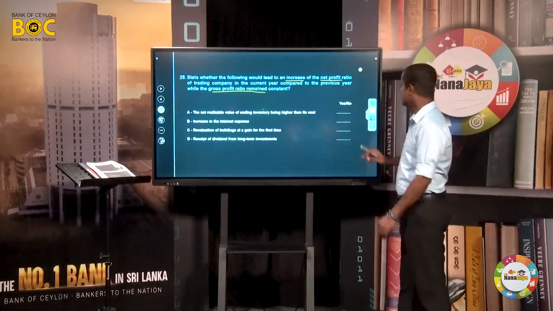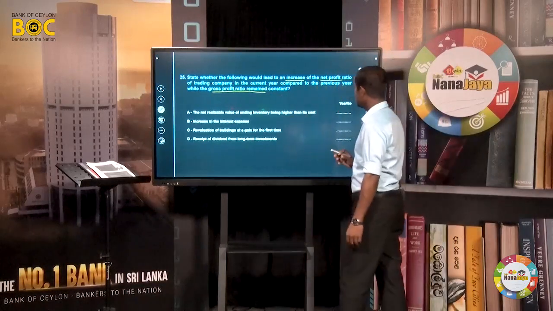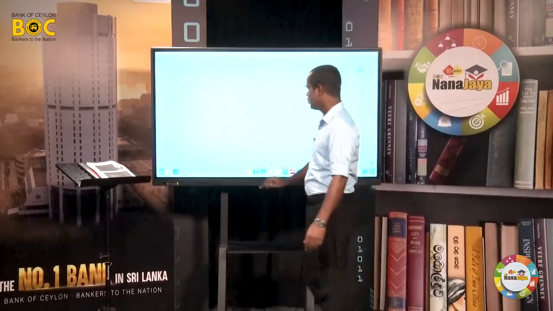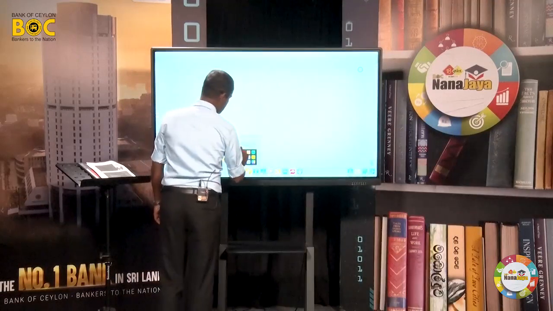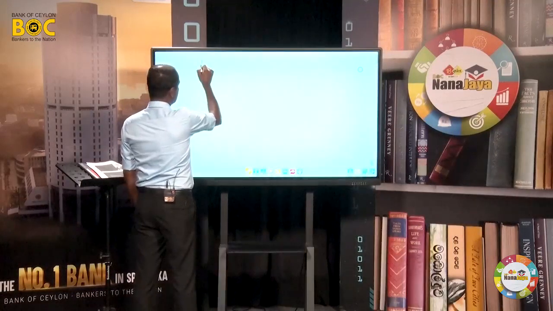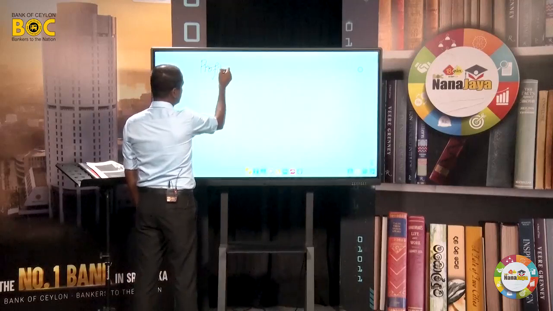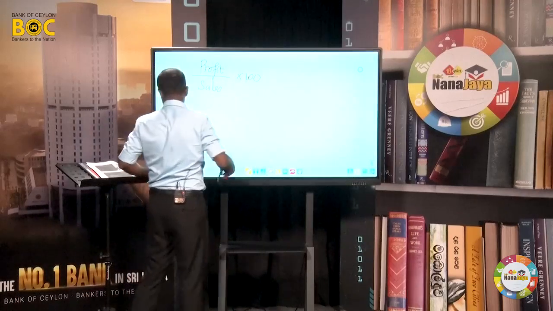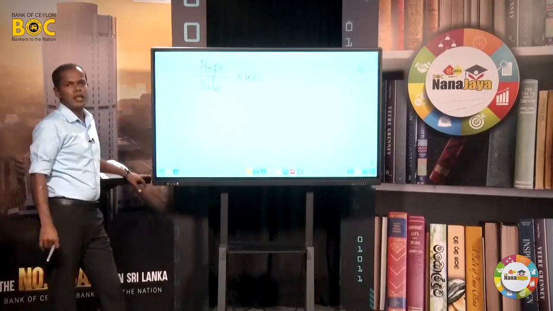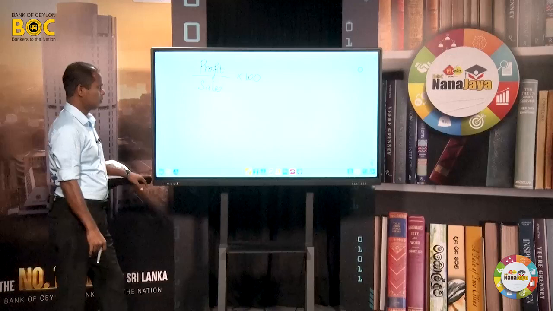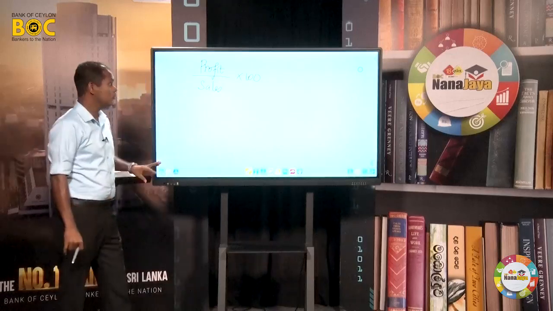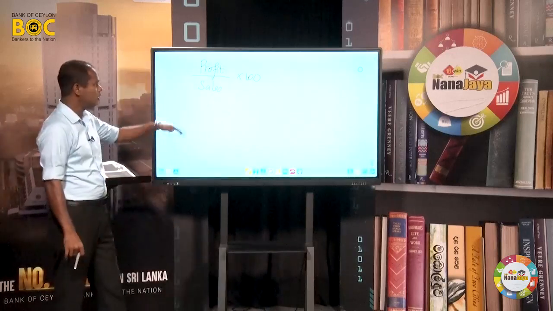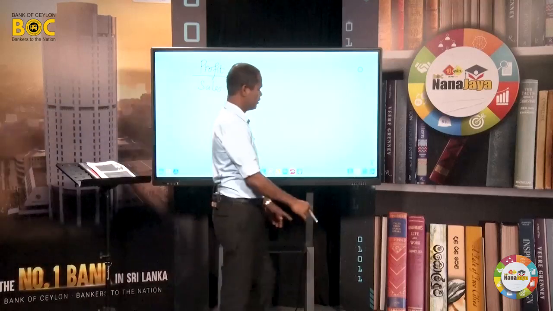Net profit ratio equals the profit for the period, after deducting taxes, divided by sales, into 100. The profit divided by sales into 100.